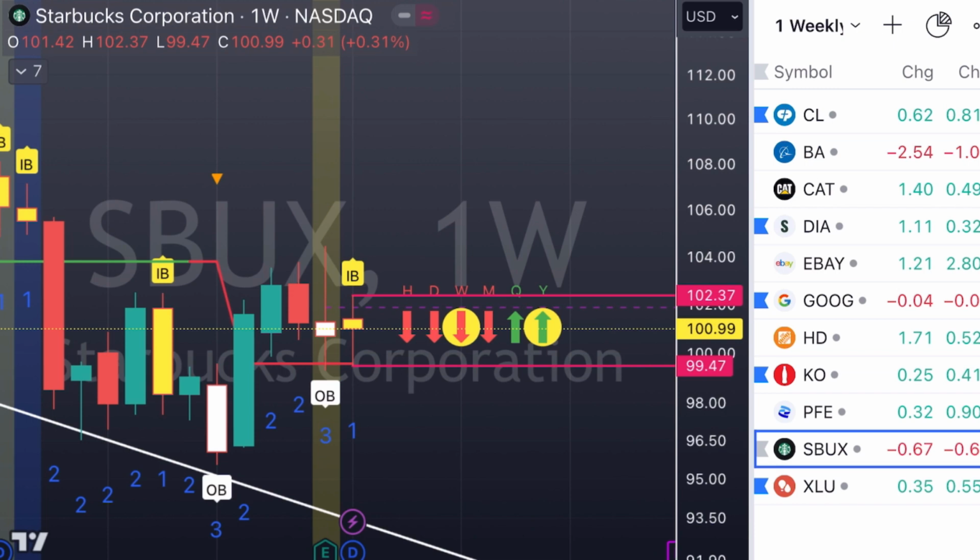And it's emotion based, and it's psychology based, and it's rule based. If you learn this strategy and stick to the rules, you will be far and away ahead of most people, because most people don't stick to their rules. Once emotion gets added into it, the rules get thrown out the window. And that's just the nature of the beast when you're trading, whether you're swing trading or day trading. Emotions come into play. They just do.